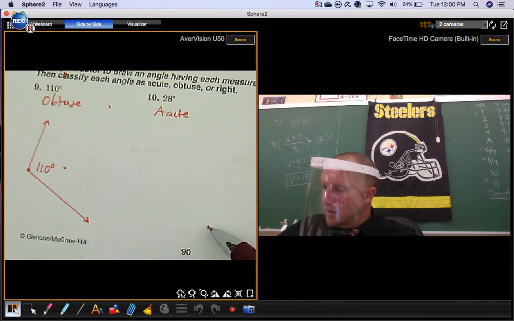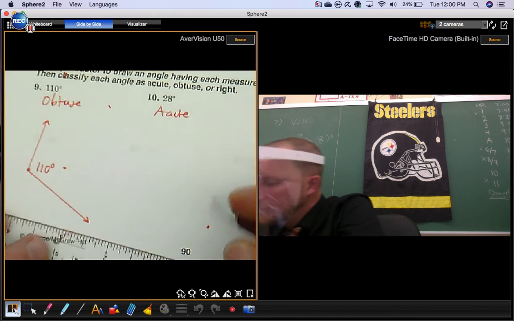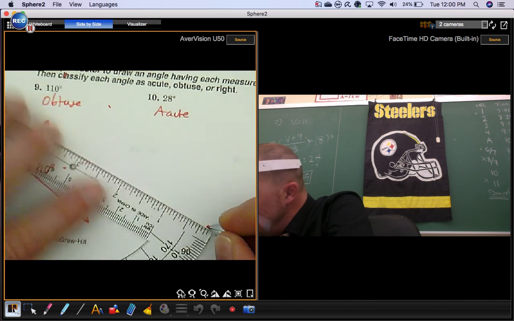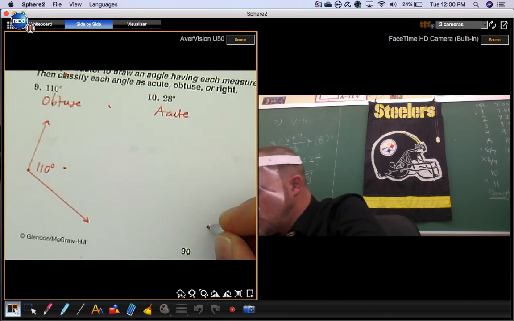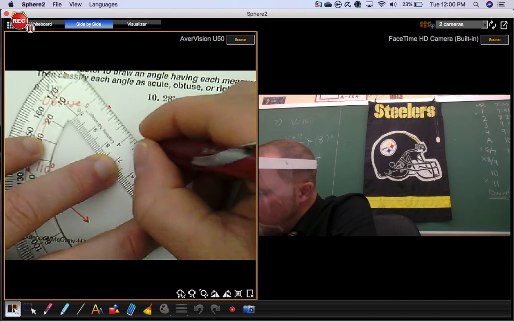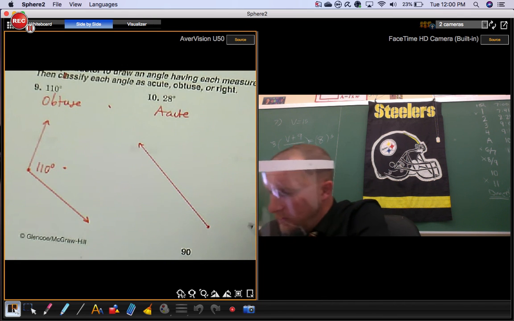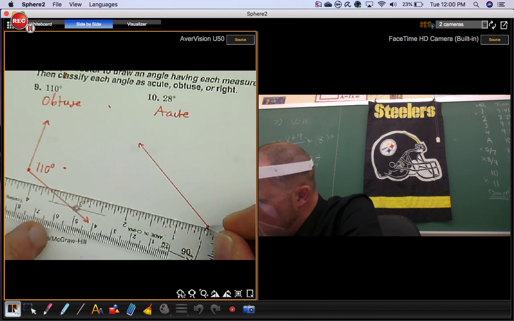Now I'm going to connect my vertex through each of those points. And again, I don't have to extend it all the way to that point. Remember, rays go on forever.